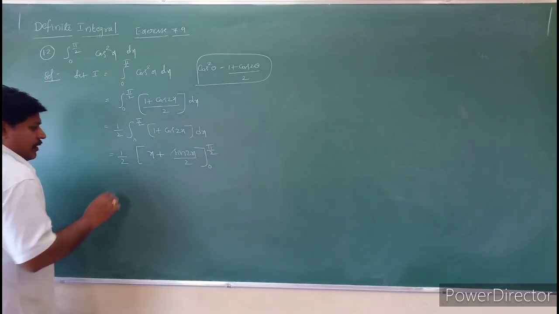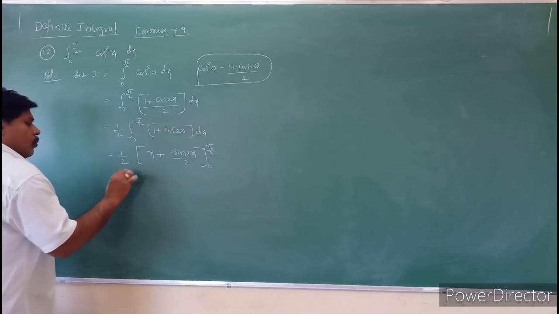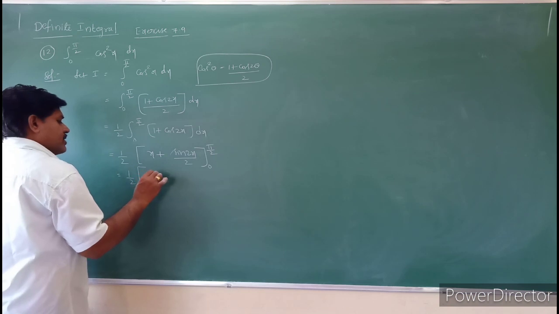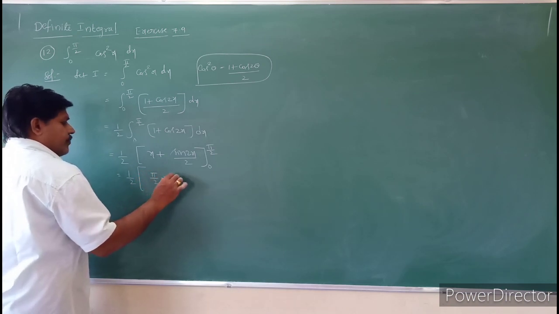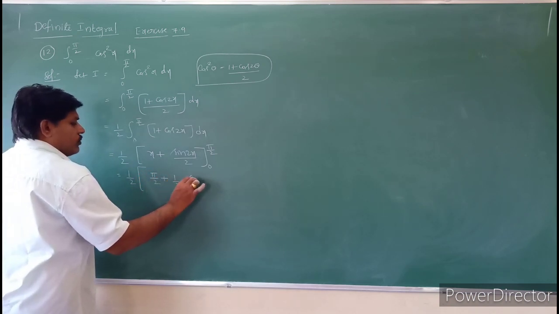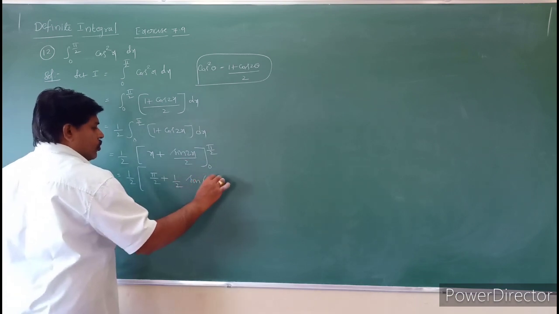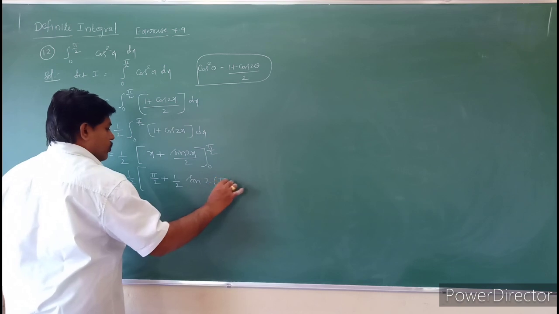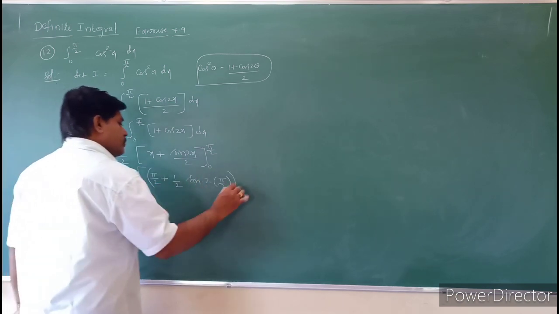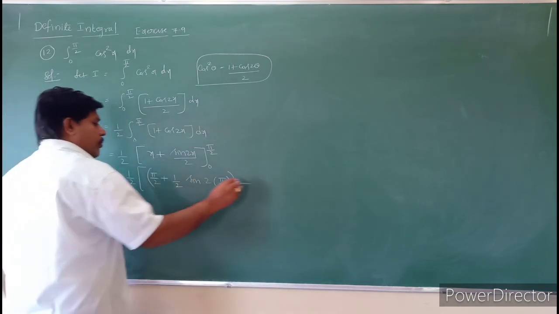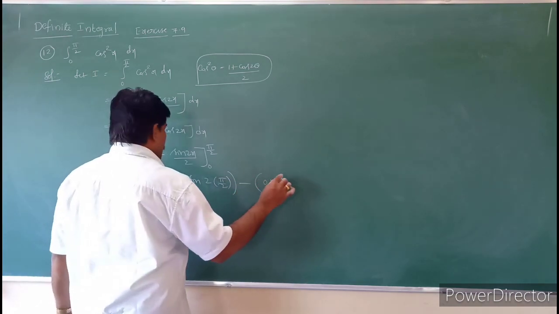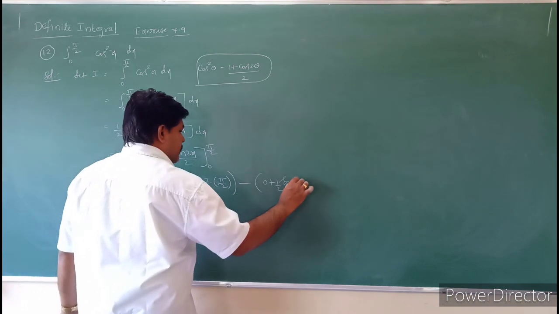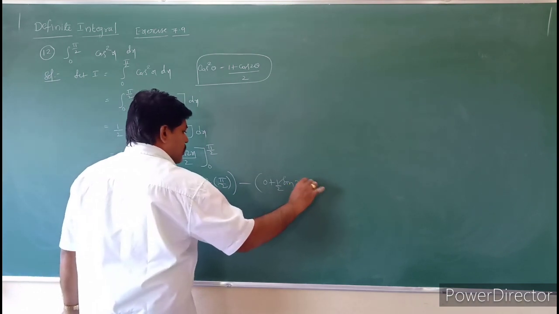First apply the upper limit: pi by 2 plus 1 by 2 into sin of 2 into pi by 2, minus, apply the lower limit: 0 plus 1 by 2 into sin 2 into 0.